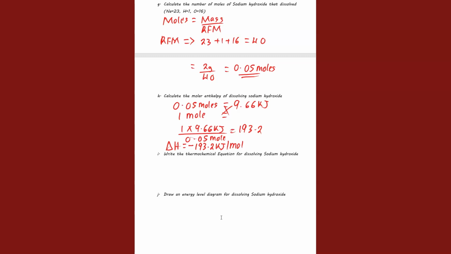That's fine. And the thermochemical equation for this reaction is going to be sodium hydroxide solid dissolving in water to give us aqueous sodium hydroxide. And the enthalpy change equals negative 193.2 kilojoules per mole.